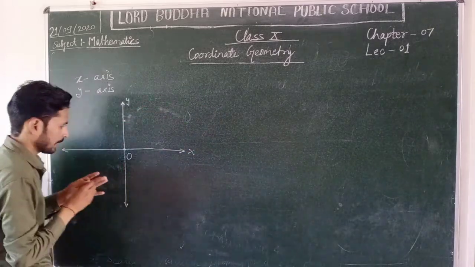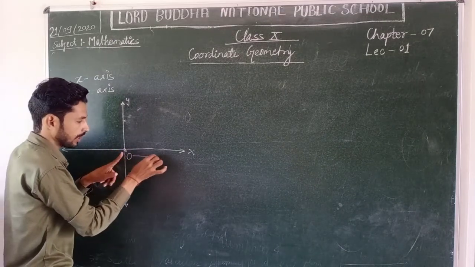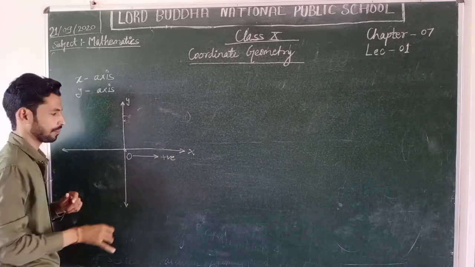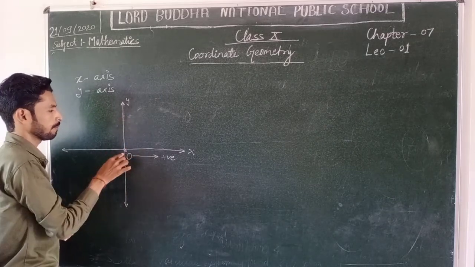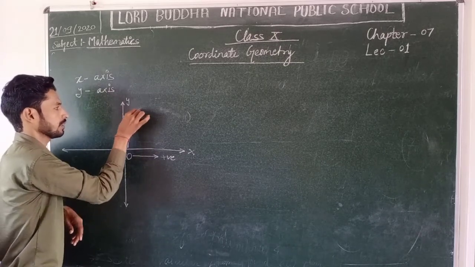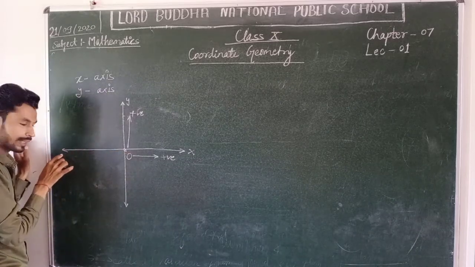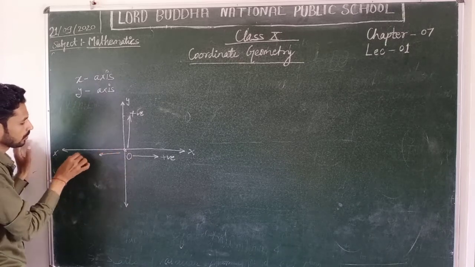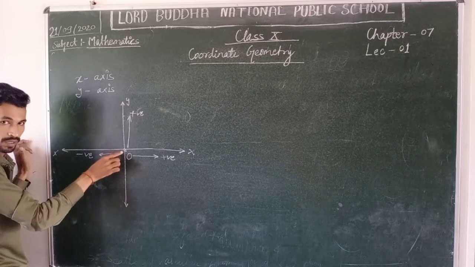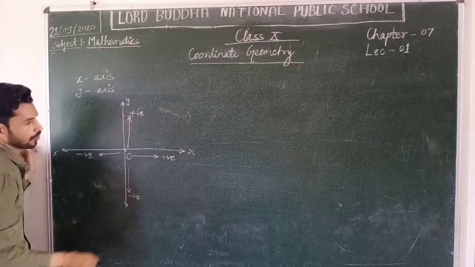We know that if we are going from the origin to the right side on the x-axis, the value will be positive, and from the origin, if we are traveling on the y-axis in the upward direction, it will also be positive. But to the left side of the origin on the x-axis, the value will be negative, and in the downward direction from the origin, the value of y will be negative.